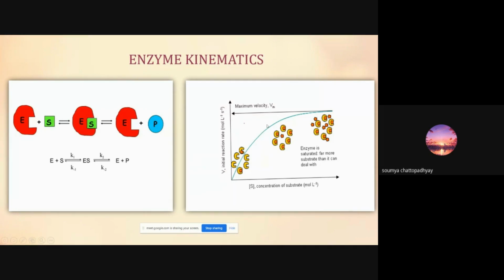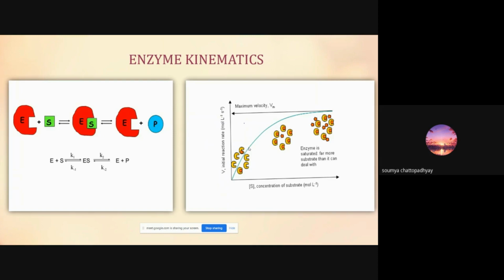Now coming to this picture, if I explain it, what will happen if you increase the amount of substrate? If you have a sufficient amount of substrate, but you give it even more, for some time you will find that there is an increase in rate, like a higher turnover number. But after some time you will realize that there's no more increase in the rate. Why is that?